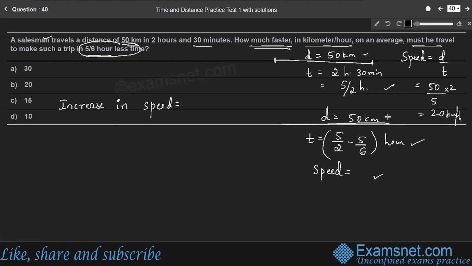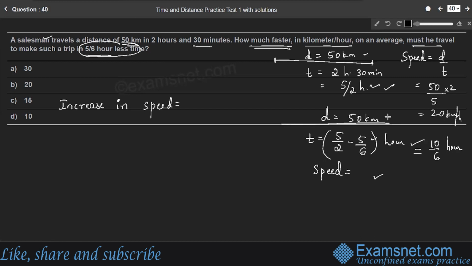So in the second case, the time is different. Time is 5 by 6 or less time, that is original time minus 5 by 6, which gives 10 by 6 hour. 5 by 2 minus 5 by 6, 6 is LCM, so 15 minus 5 is 10 by 6 of an hour.